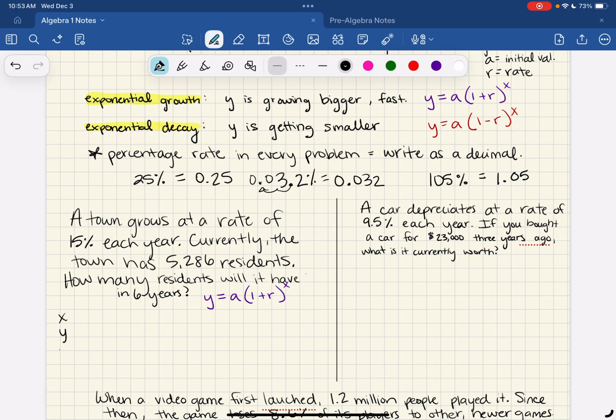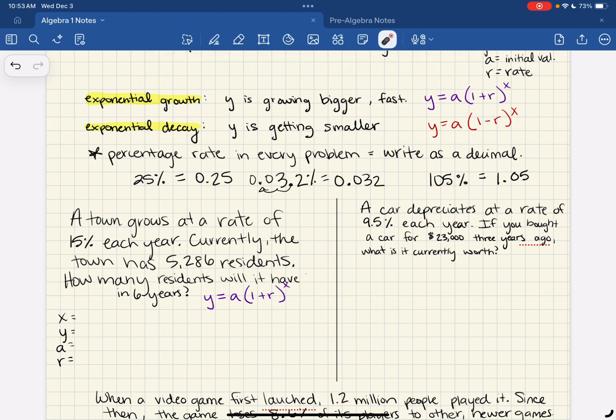x, y, a, and r. Those are my important variables. Remember, when we're doing our coordinates, x is almost always our what? Good, in this case you're dealing with years, so x is always time. So x is going to be our number of years.